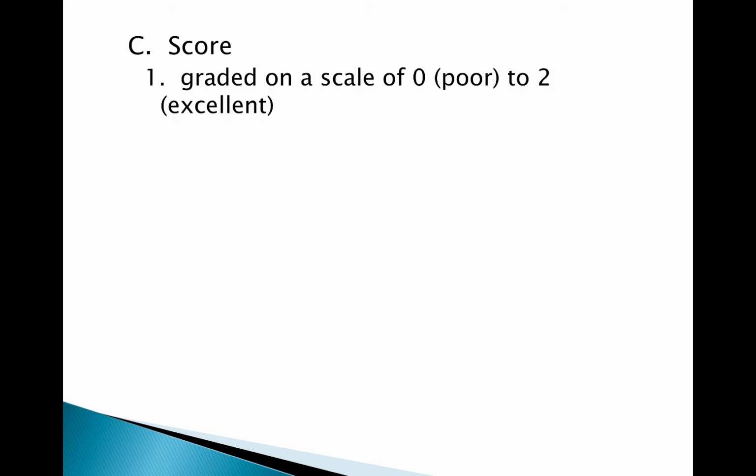Okay, so we're going to look at the scoring system for that. And the APGAR test is done right after birth. Okay. And so the newborn will be graded on a scale of 0, which would be poor, for each of these characteristics, to 2, which is excellent.